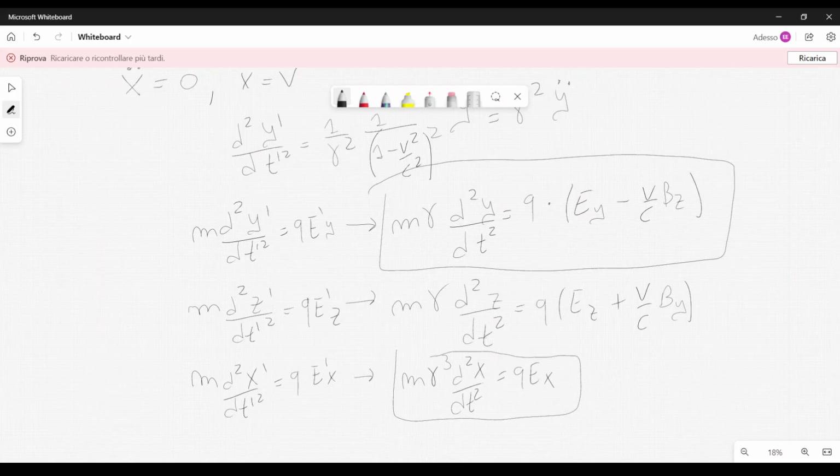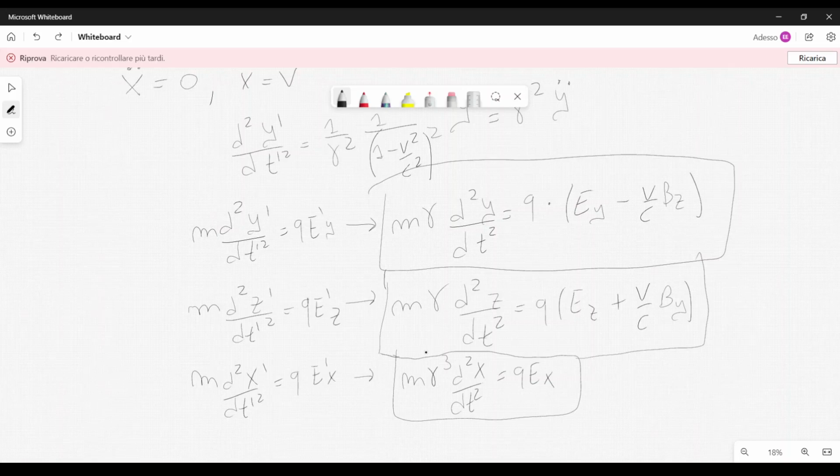So we have these three equations, and you can see from here that it's as if in this frame K, with respect to which the electron is moving, but it is stationary with respect to K prime, the mass of the object is different according to these three equations.